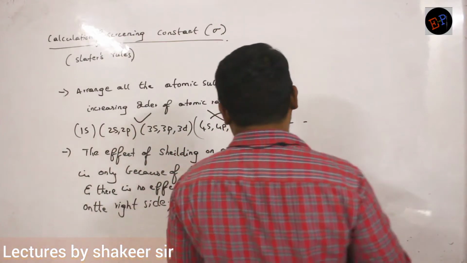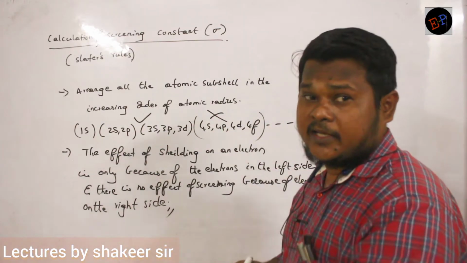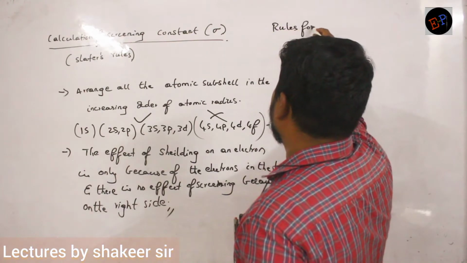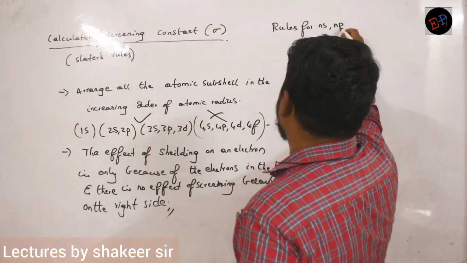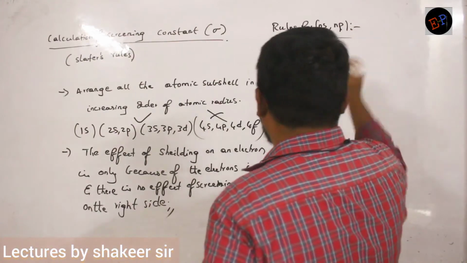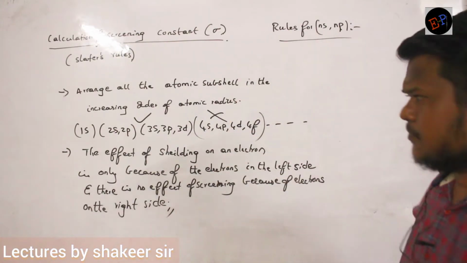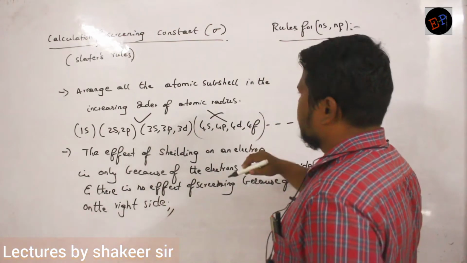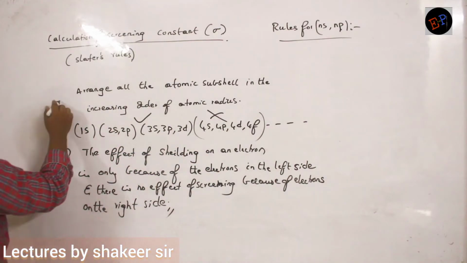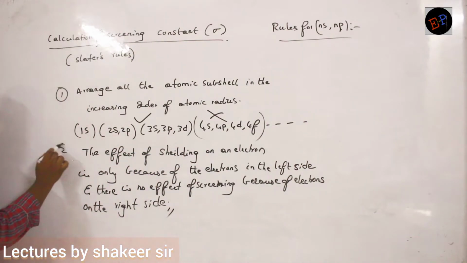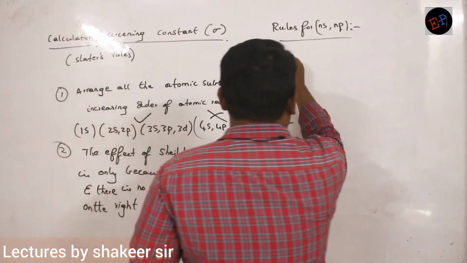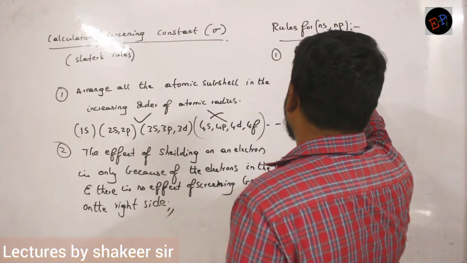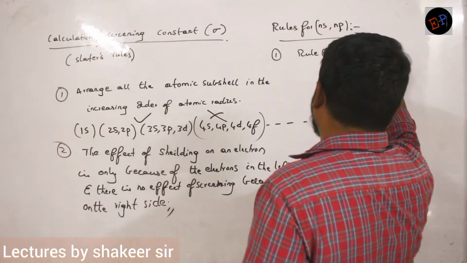Now if I want to calculate a shielding on ns or np, clear? So these are the rules for ns or np. So these rules will always be satisfied. Rule number 1 and rule number 2 are always satisfied. I will name this as rule number 1, and this as rule number 2.